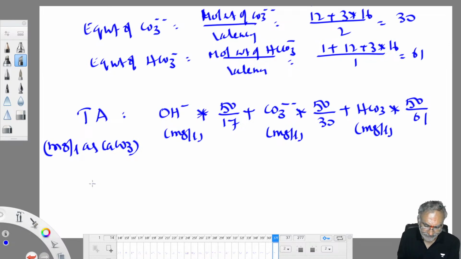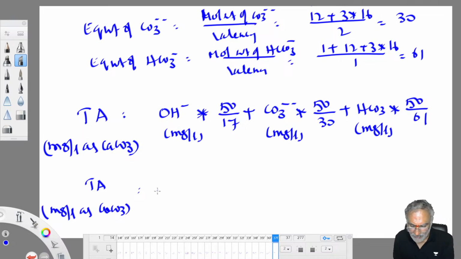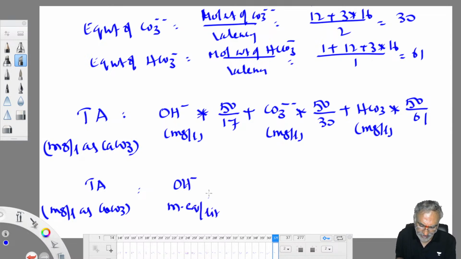Or otherwise, if total alkalinity is given as ionic concentration, in moles per liter or something like that, or equivalents per liter, or milliequivalents per liter. Normally they will give in milliequivalents per liter. Then you need not multiply with 50. Just multiply with 50.